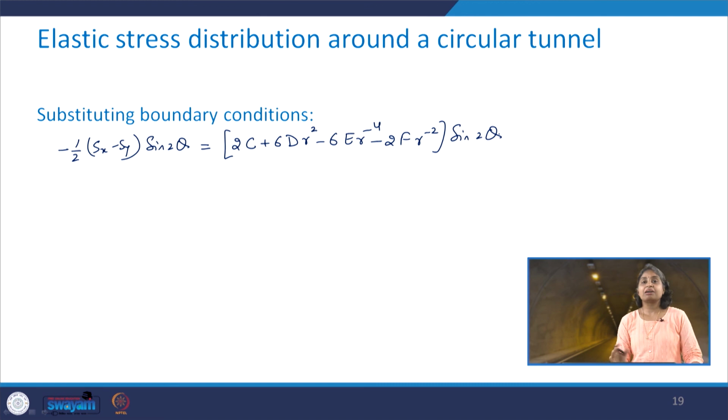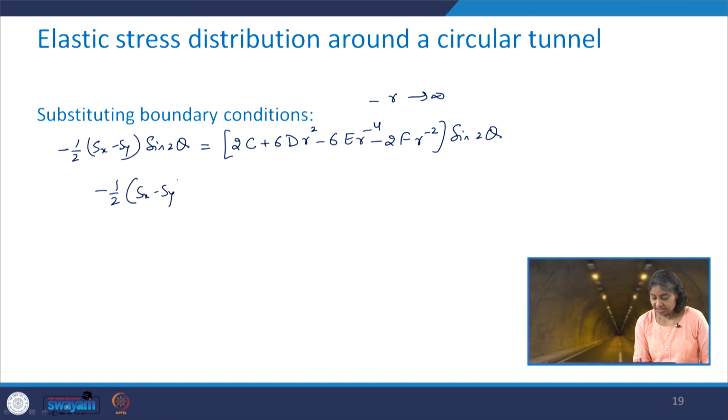Now, again I compare the two terms, and keep in mind that this is also when r is tending to infinity. So, if I compare the terms, half (Sx minus Sy) is going to be equal to, now these four terms are there.